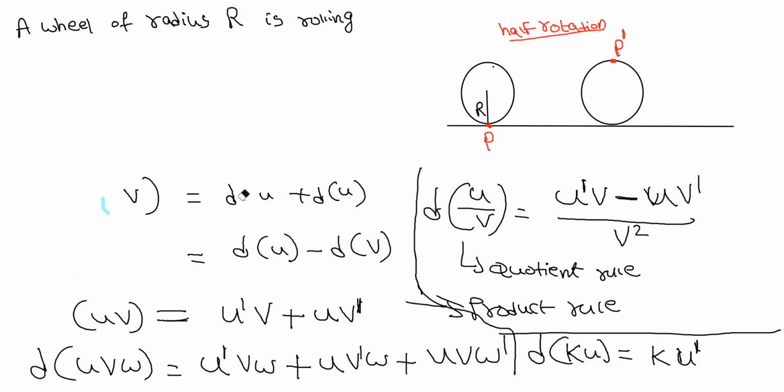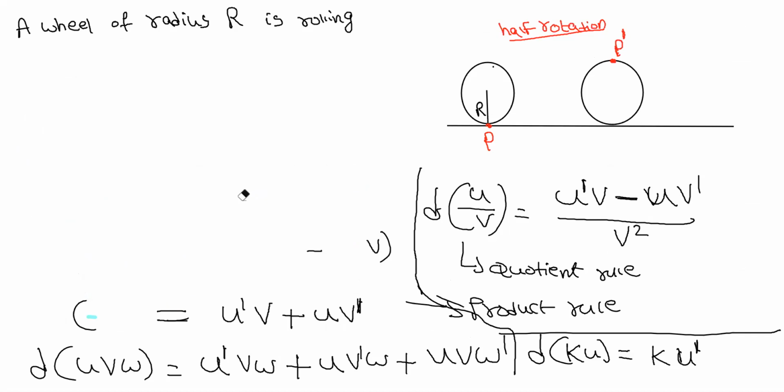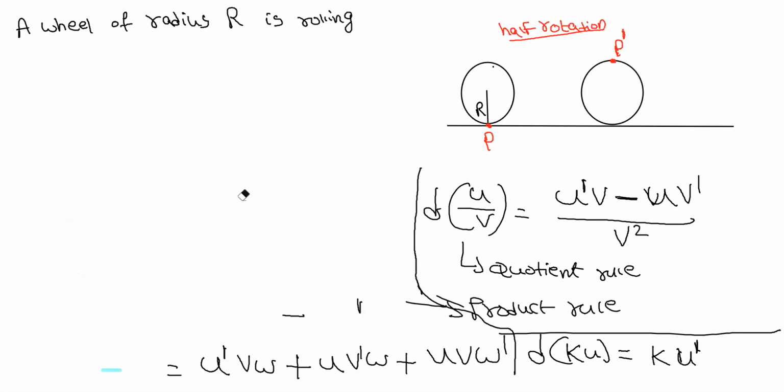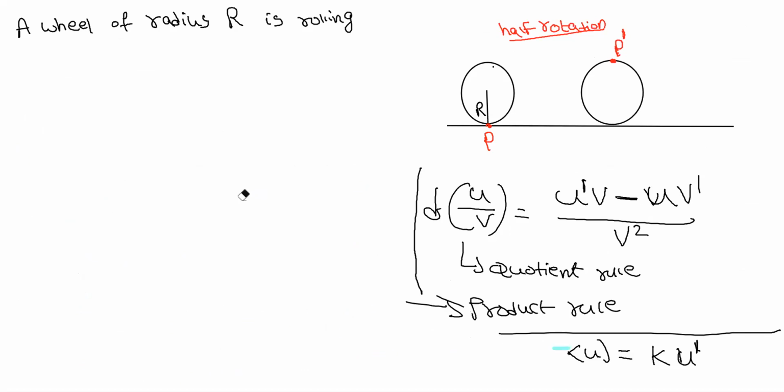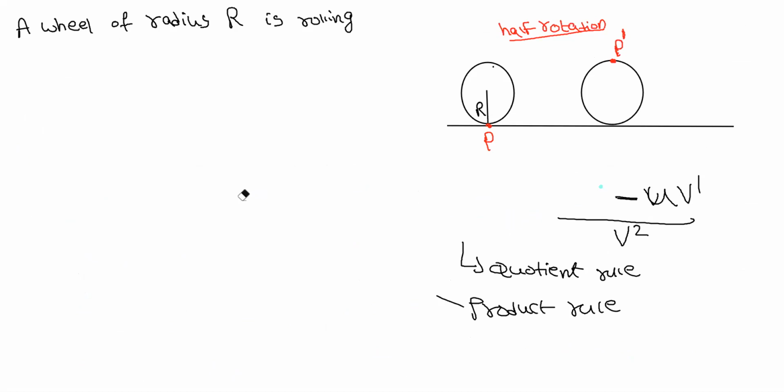Just a question: we know how to find the difference between distance and displacement. Now this question: a wheel of radius r is rolling on a road.